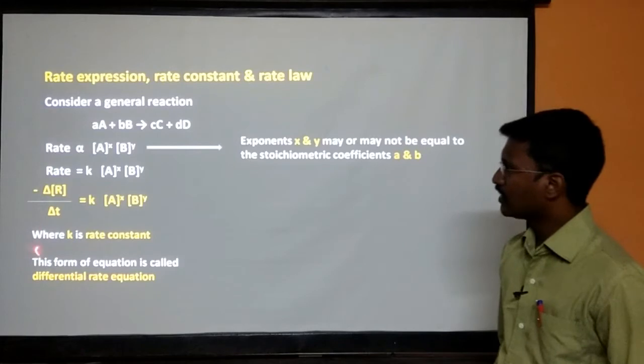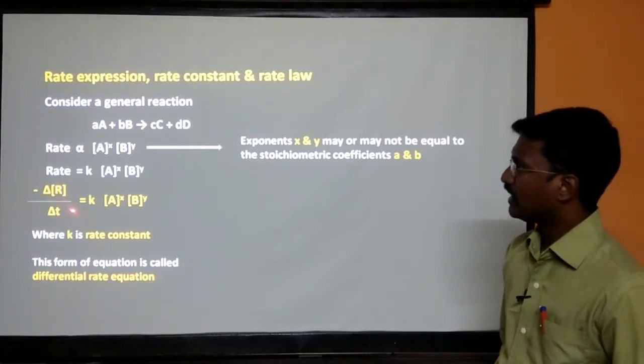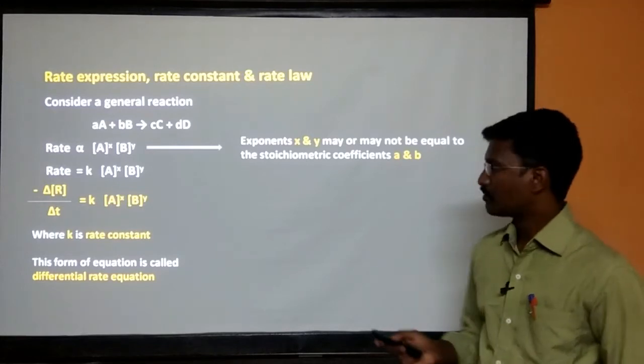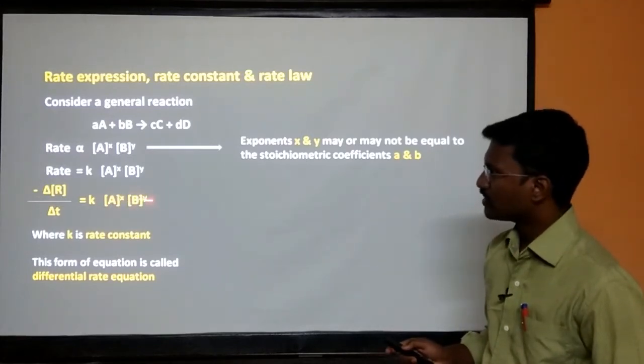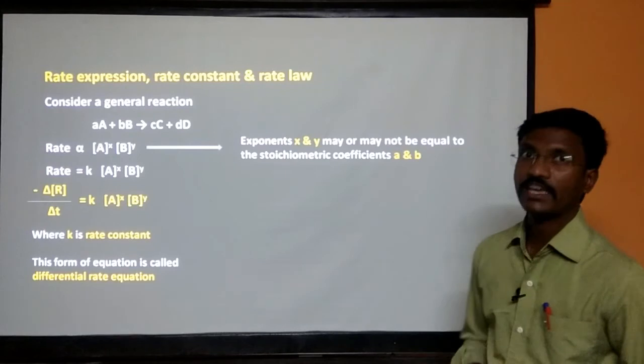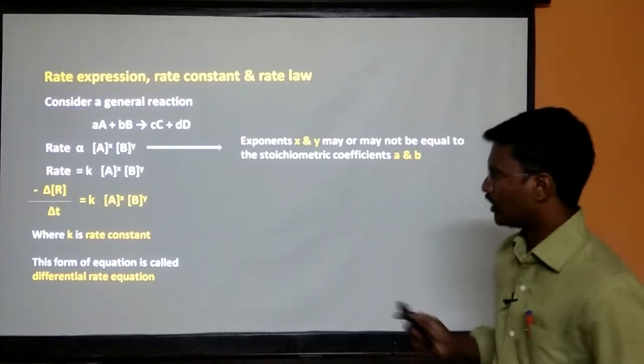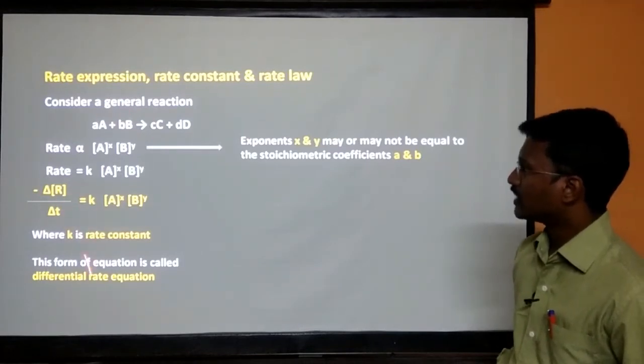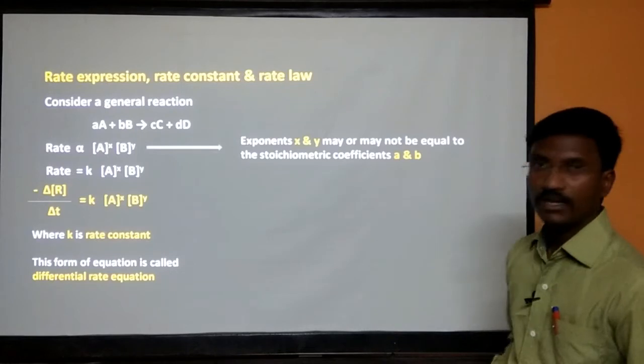You have to remember that rate expression is nothing but rate is equal to small k into the product of concentrations of reactants with some powers. These powers are experimentally determined powers. You will come to know again. I hope you remember how the rate expression can be written, and that small k in the rate expression is called the rate constant.